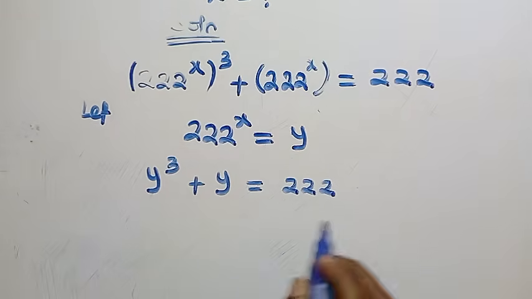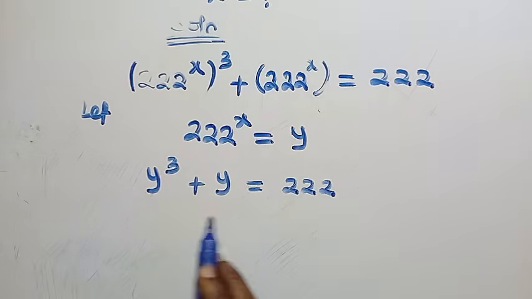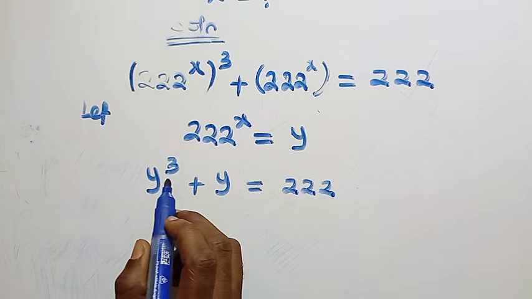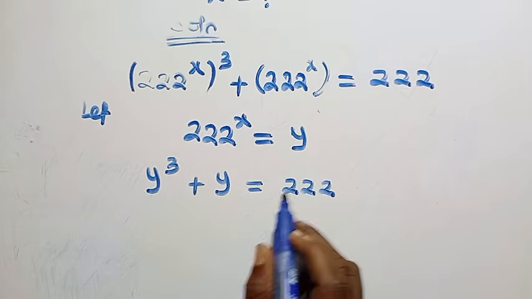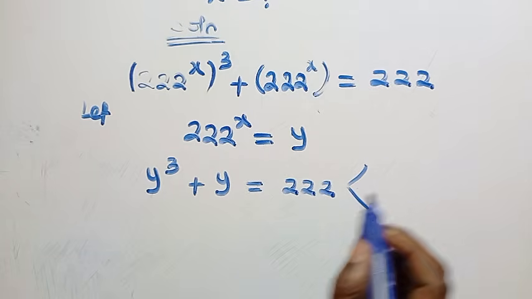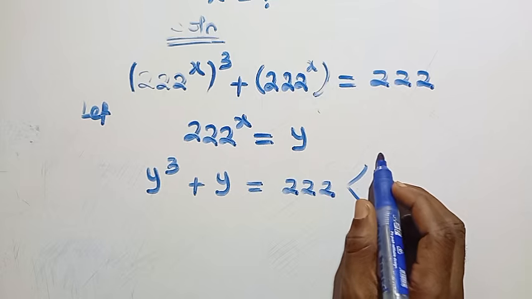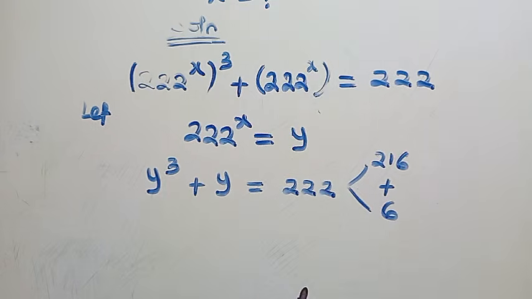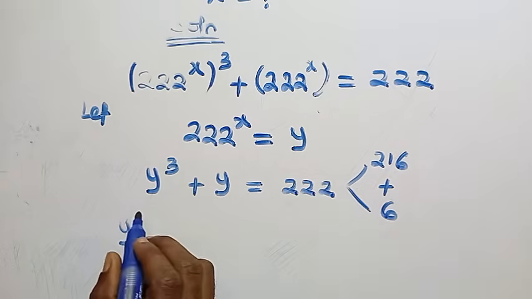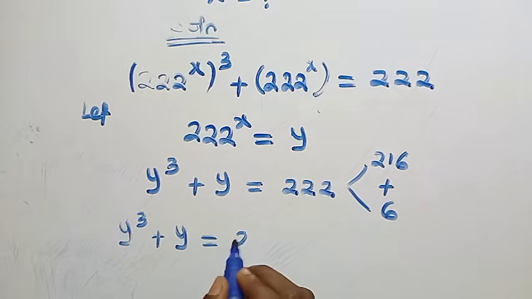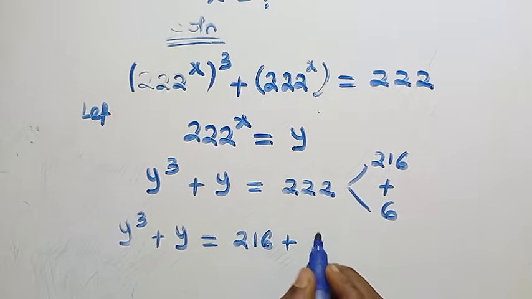But to avoid racking the brain on how to break this thing down, because this is a cubic equation, I can just try and break this. If you have 2^2, this is just like having 216 plus 6. So we have y to the power 3 plus y equals 216 plus 6.